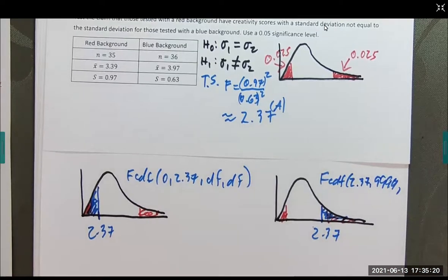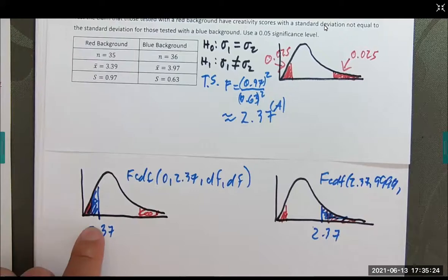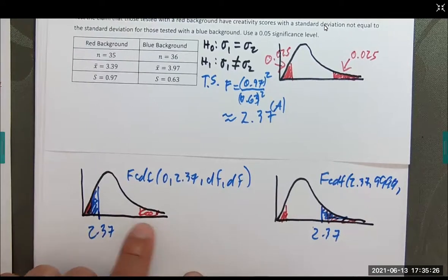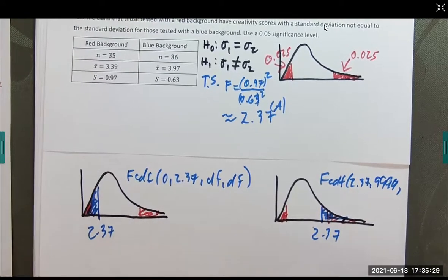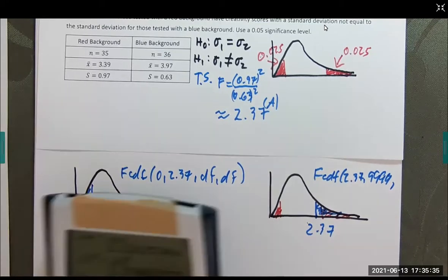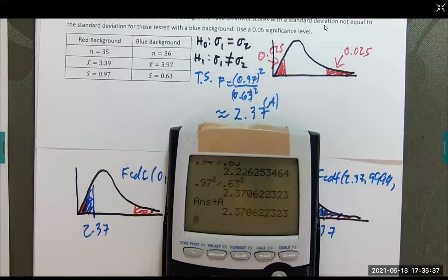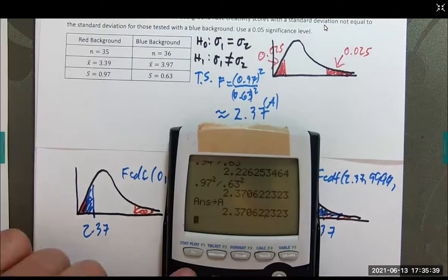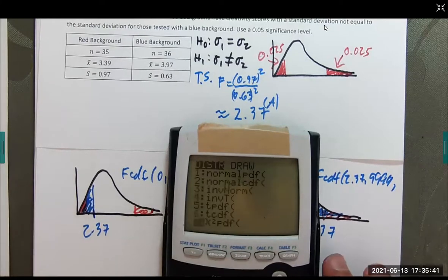Here's the problem. I don't know which one it is, so I'm going to go ahead and start with this one. Now, here's the thing. Because it's two-tailed, when I'm done, I'm going to have to double that. And when I double that, if it's more than 1, which a p-value can never be, then that's the wrong way. Let's try it out. So I'm going to go from 0 to there. So let's do FCDF.